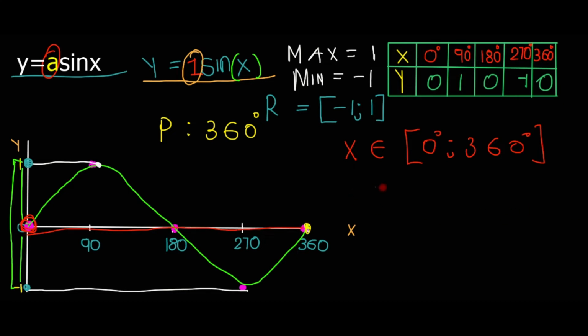Sometimes in your exam they give you x is an element of negative 360 degrees and 360 degrees, but you draw a graph. So it means the graph will start at negative 360 and end at 360.